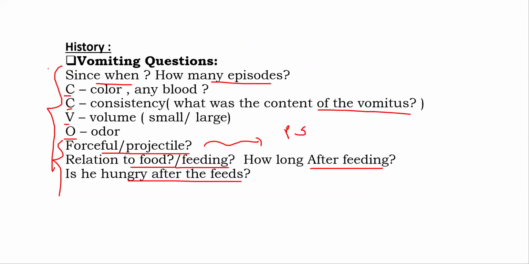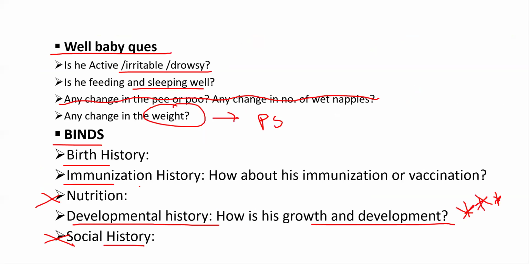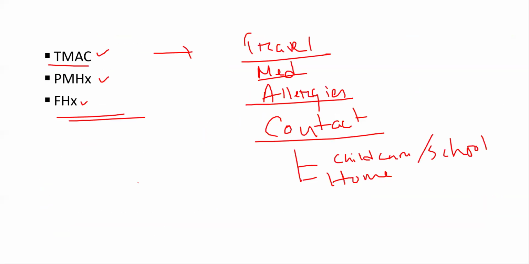Then ask all the vomiting questions. Then go to the differentials, ask about bowel and bladder, then intussusception and hernia, then non-GI causes such as meningitis, otitis media, and pneumonia, and then finish with well baby, BINDS, TMAC, past medical history, and family history.